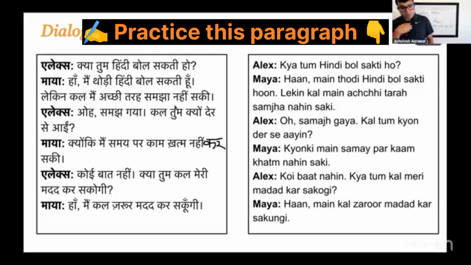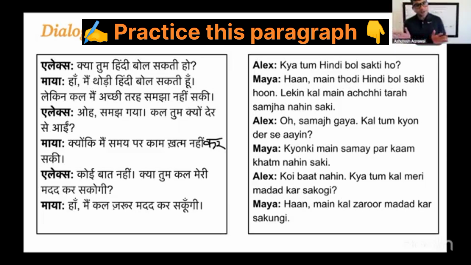The other verb is samjhana, to explain or to make people understand, right? So kal main samjha nahi saki, right? I understand a little Hindi, but yesterday I could not explain it well. So kal main achchhi tarah se, just remember achchhi tarah, the manner, achchhi tarah samjha nahi saki.